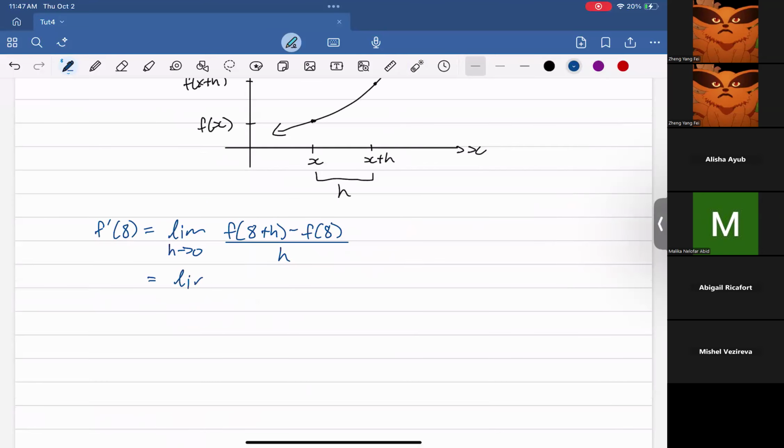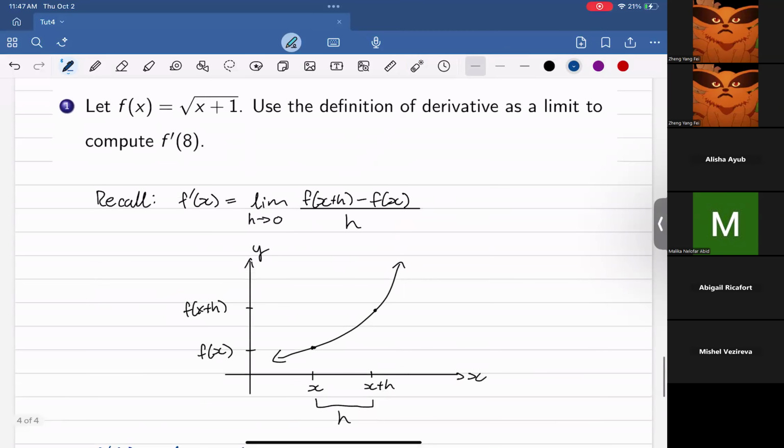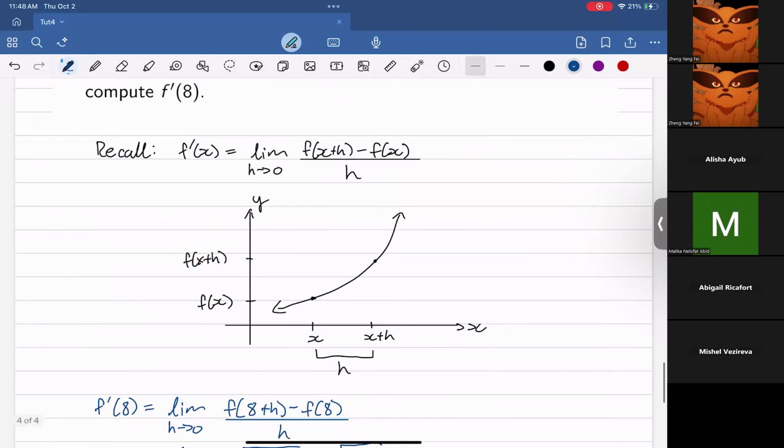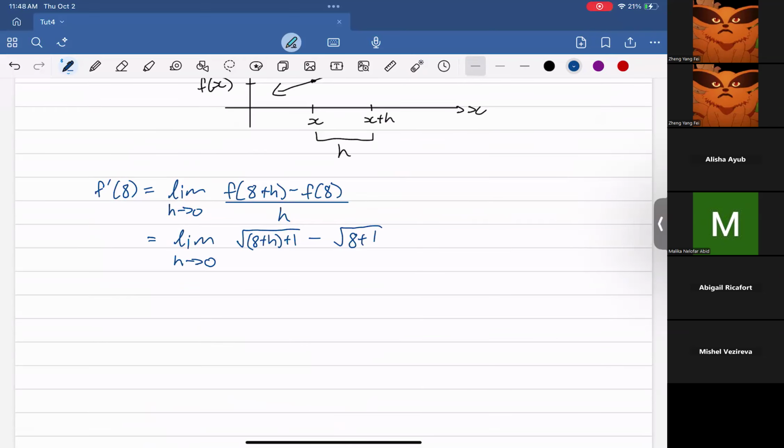So the limit here would be h going to 0 of f of 8 plus h. So that's going to be the square root of 8 plus h plus 1, minus the square root of 8 plus 1, over h.